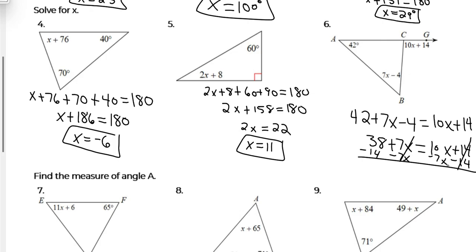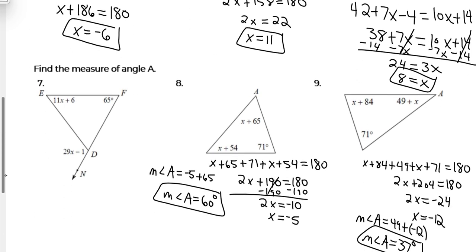And what I'm left with will be 24 equals 3x. Divide each side by 3, and x is equal to 8. Now, make sure you read directions up in the left corner over here, right above question 4. It does say we're only solving for x, so the problem is done. Don't put a degree mark there because we are just solving for x.